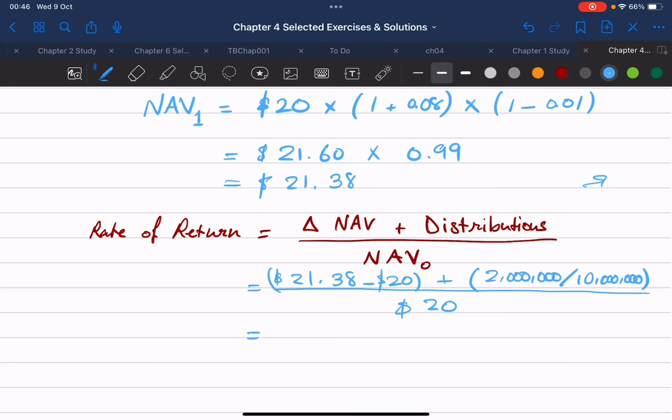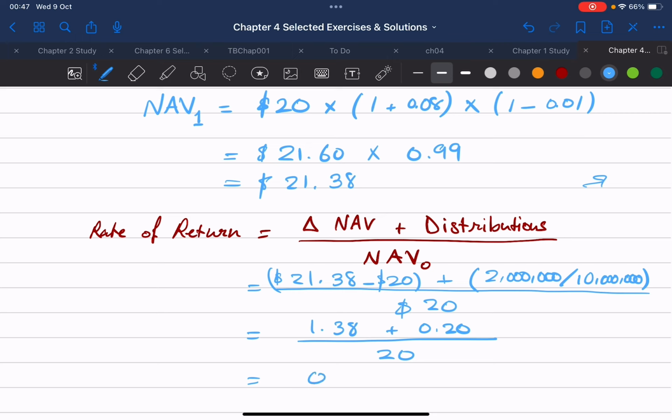So now let's see, 21.38 minus 20, that would be 1.38 plus 2 million divided by 10 million, that is 0.20, so 20 cents basically, divided by $20. Okay, 1.38 plus 0.20 divided by 20.